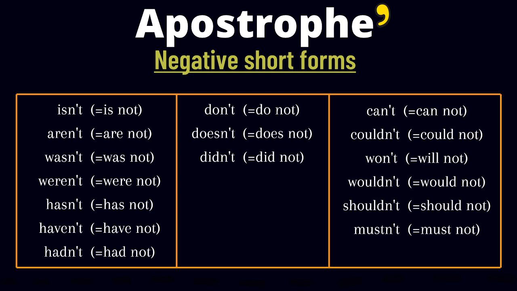So these are the negative short forms where an apostrophe has to be used.